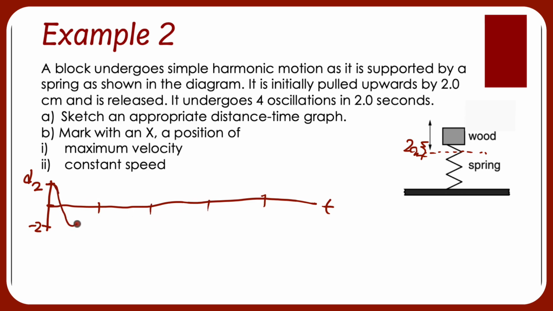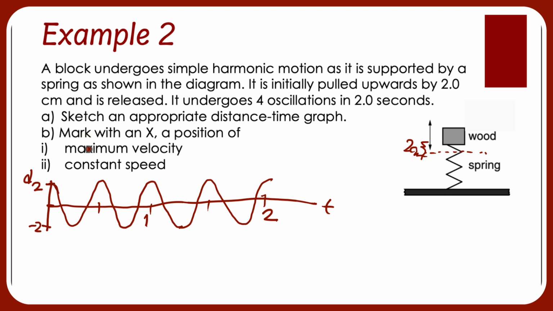So I'm trying to make sure I keep my amplitudes the same. That's about as close as I'm going to get drawing on my screen. Now, it took 2 seconds, so I'm going to label this 2, label this one 1, and that would be an appropriate displacement time graph.